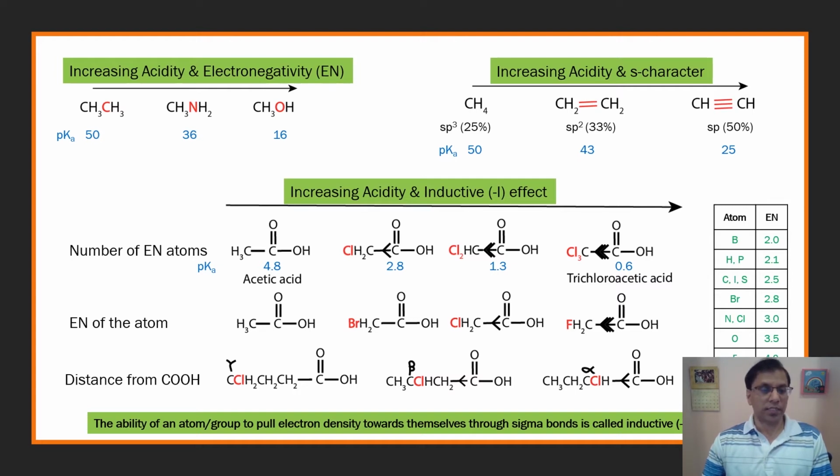The next factor is electronegativity of the atom. We'll consider the example of acetic acid. Here you can see that the electronegativity of the atom that's attached to the carbon keeps increasing as we move from bromine to chlorine to fluorine.